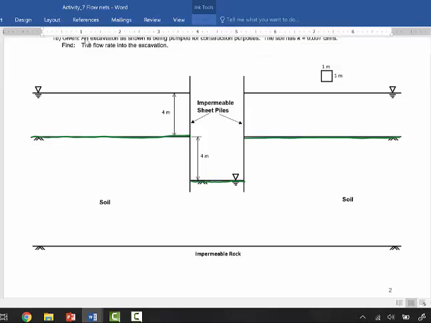We also want to look at our impervious layers. We're going to have a flow line that goes around here, another around here, and then of course one all across the impervious surface at the very bottom where the rock is.